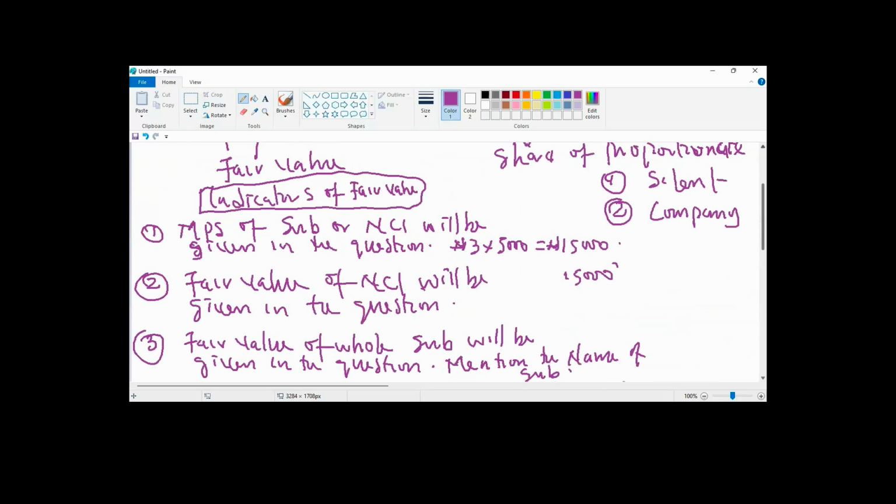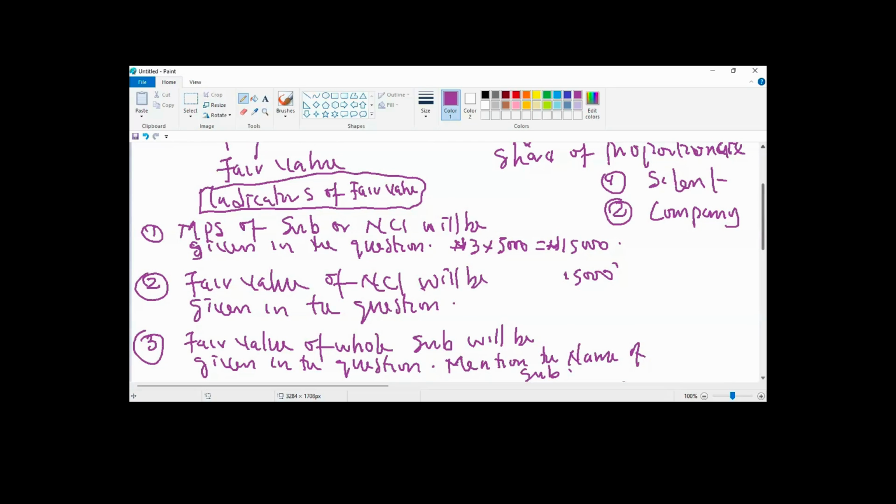Yes. I said share proportionate, as the name indicates, is based on the proportion of the group structure. I must know my net assets before I can use share proportionate.